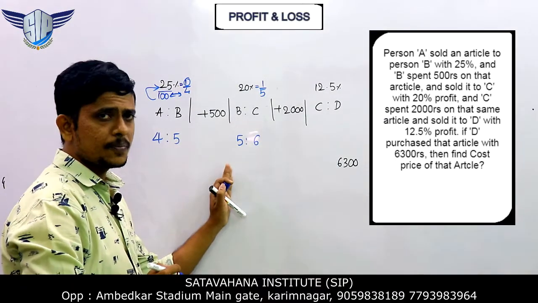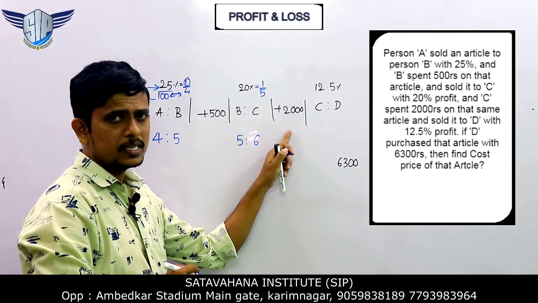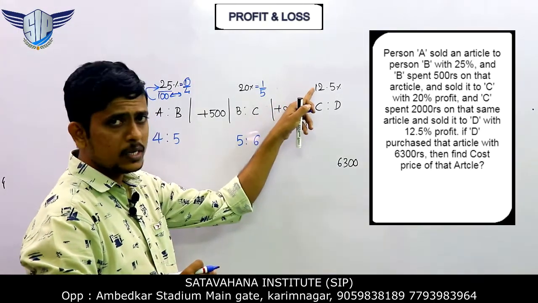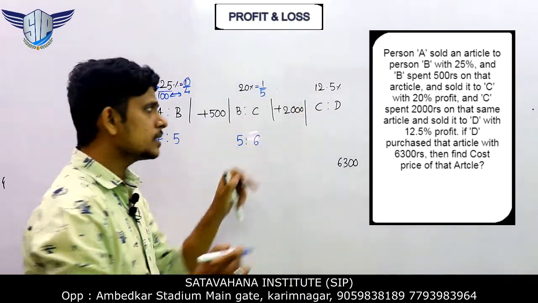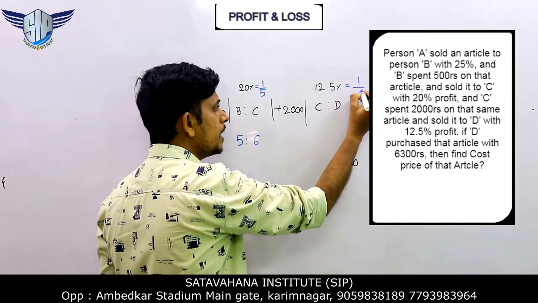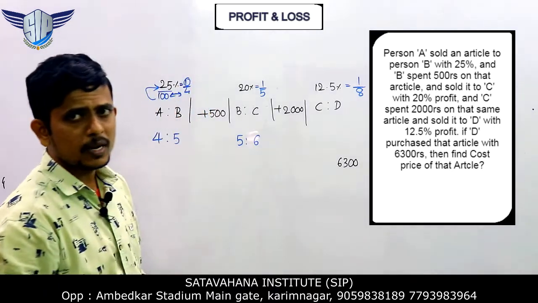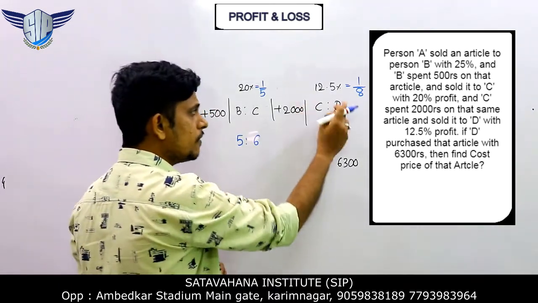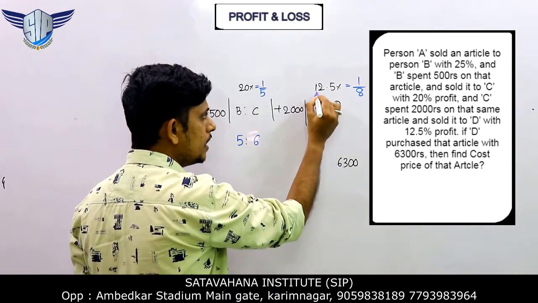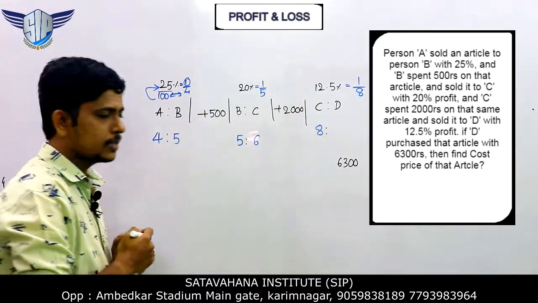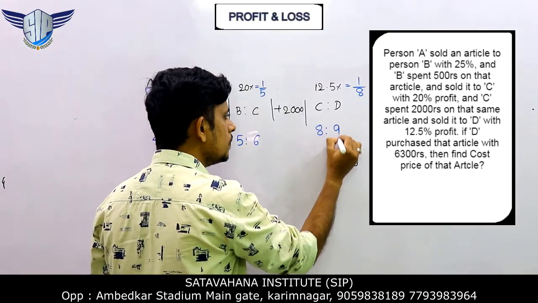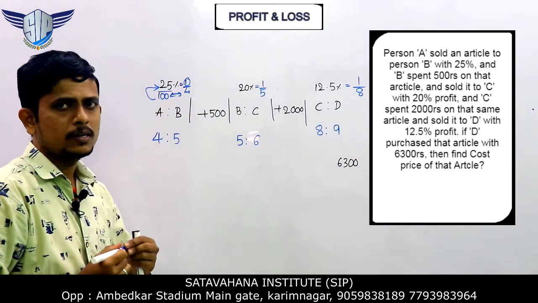And after this C spent 2000 rupees on the same article and sold it to D with 12.5% profit. 12.5% meaning is 1/8. Therefore instead of 100 I will write 8, and 100 plus 12.5 or 8 plus 1 are the same, therefore 8 plus 1 is equal to 9.